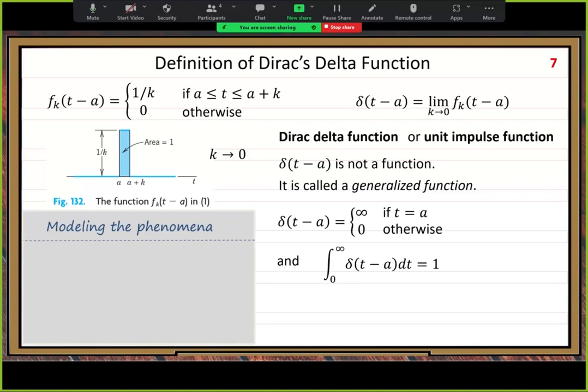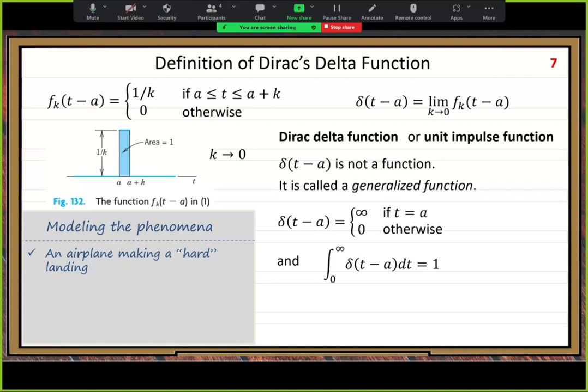All right. Then modeling the phenomenon. Because after you accept it, then we need to use this function to model the real world phenomenon. Okay? So what kind of phenomenon? Here, I'll give you a few examples. Impulse phenomenon. An airplane making a hard landing. Is that some impulse? Big hit. A strong big hit in a short period of time.